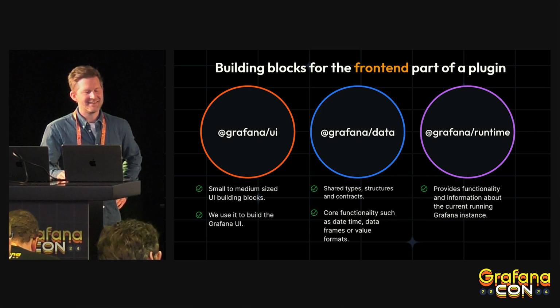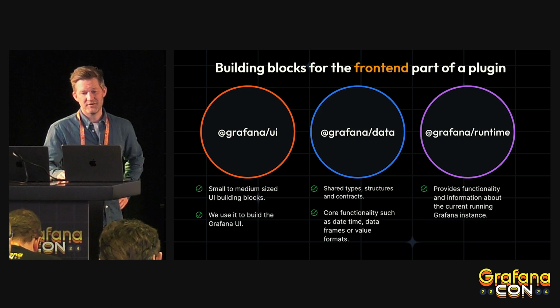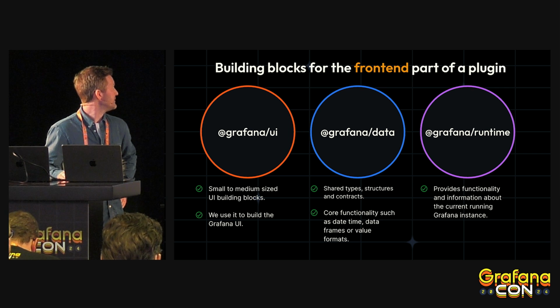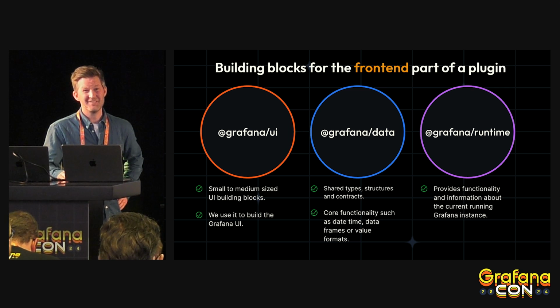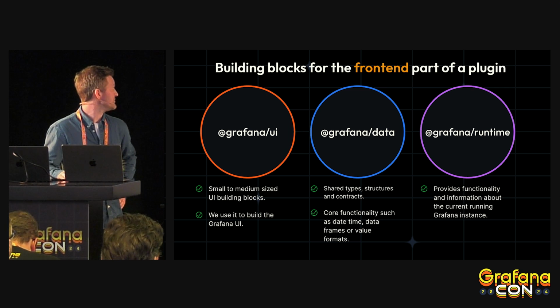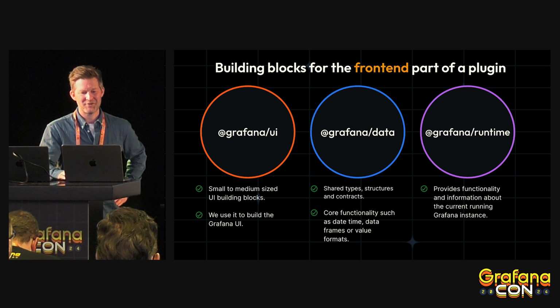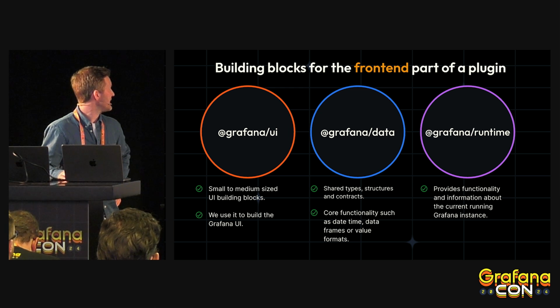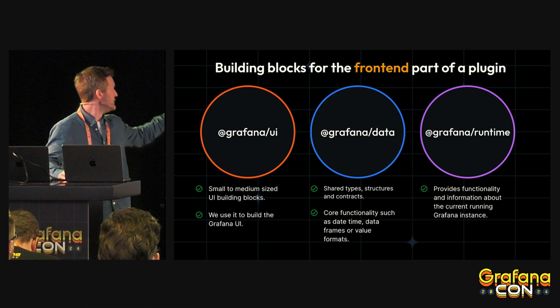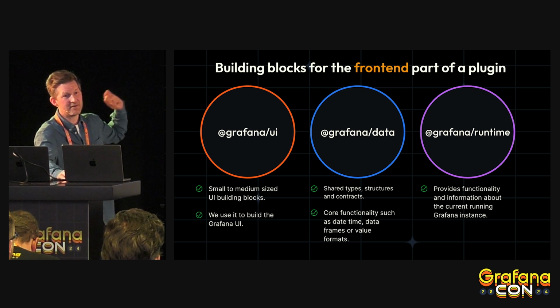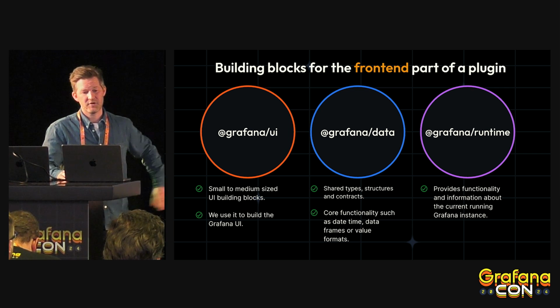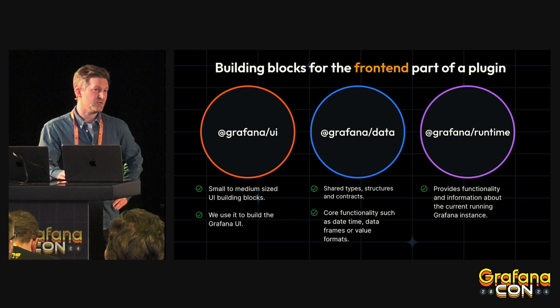So now we have some basic understanding of the different parts of a plugin. So to speed up development and to have a consistent UI and to be able to share functionality within Grafana, but also with all of the plugin developers external to Grafana, we have the Grafana packages. So we have Grafana UI. It's basically a component library consisting of small to medium-sized UI building blocks.